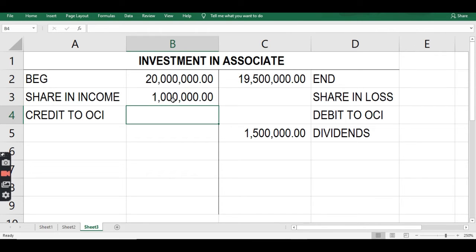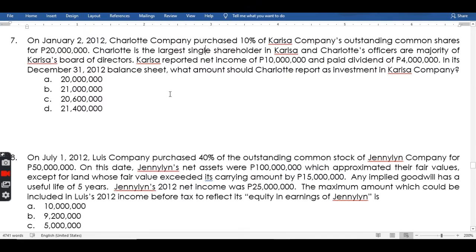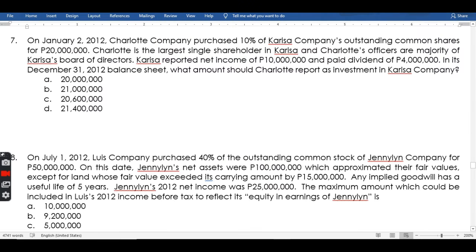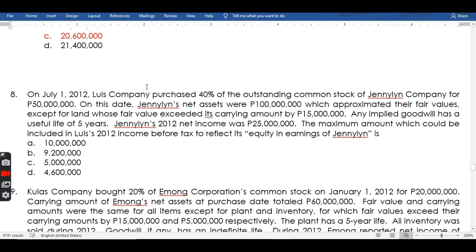Diretso ko na kasi 10 million times 10% is 1 million. Tapos, nagbayad ng dividends na 4 million, sa atin yung 400,000 doon. 10%. Okay? So, ang lalabas ay 20,600,000. So, that's going to be letter C. Okay.